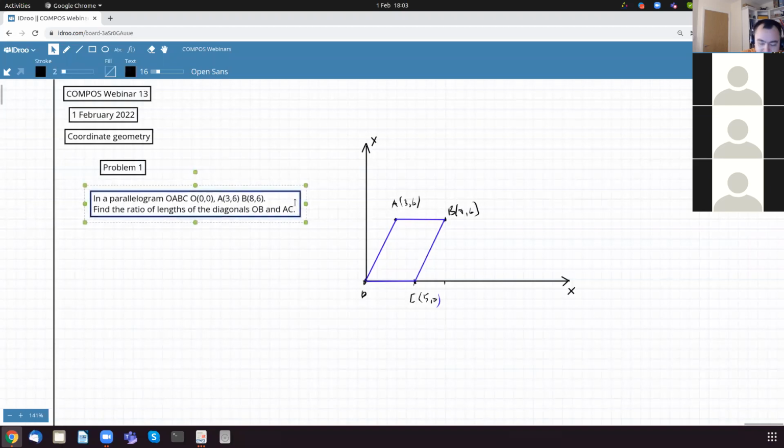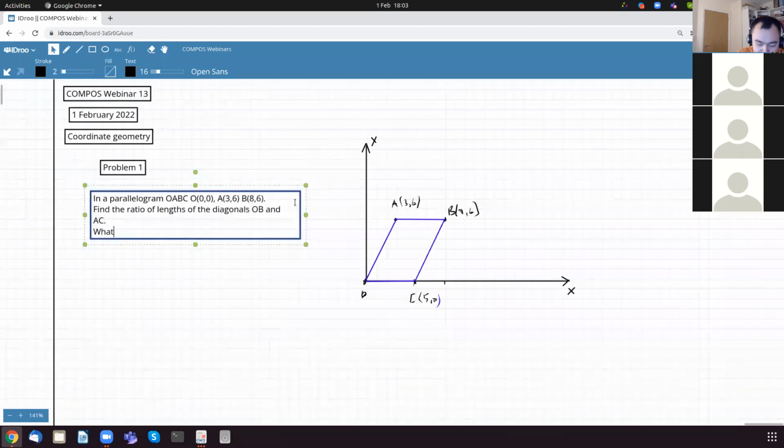What is the angle between the diagonals OB and AC? It's an extra question. Just came into my mind. So let's draw the diagonals. So AC and OB.